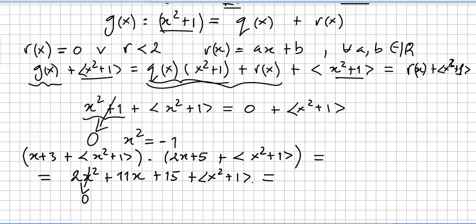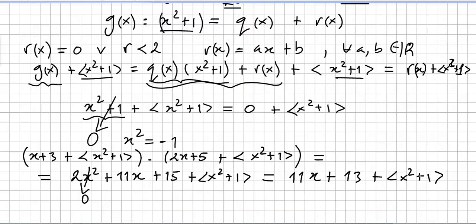So you will have 11x plus, and through this ideal, 15 will be 13, plus the ideal x squared plus 1.